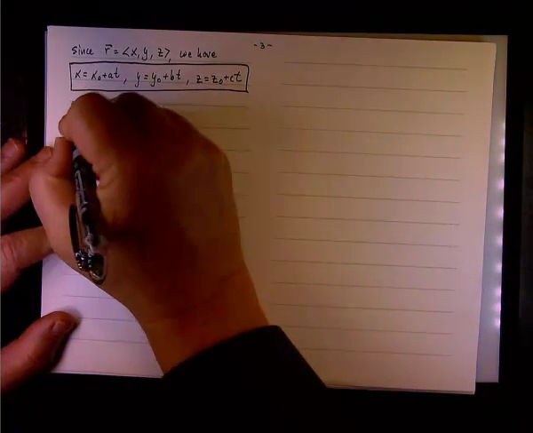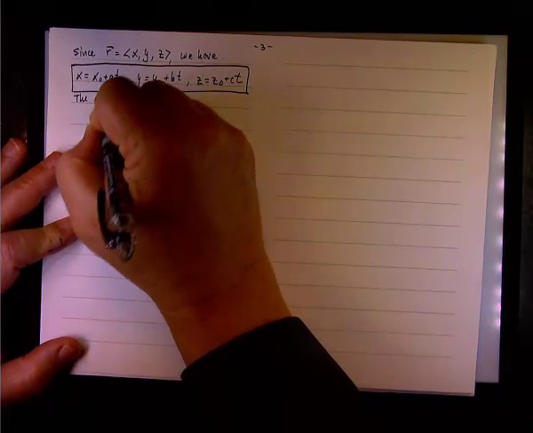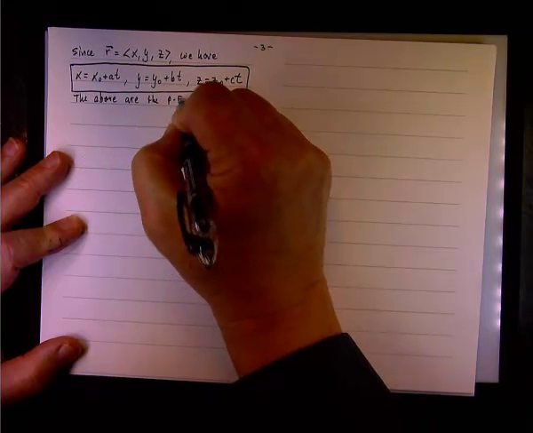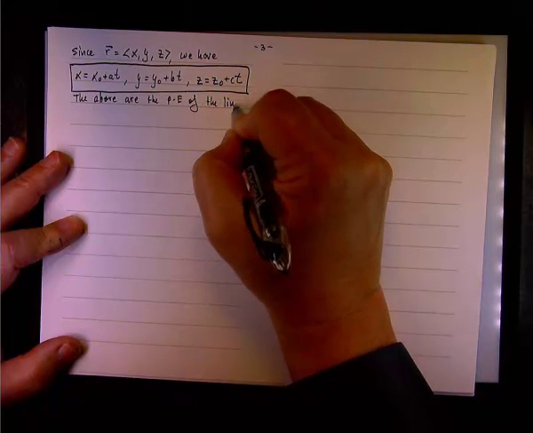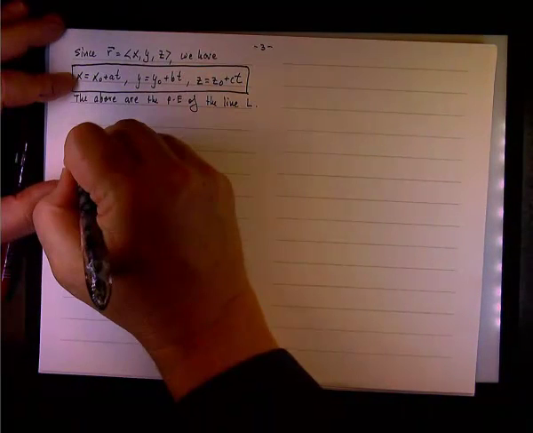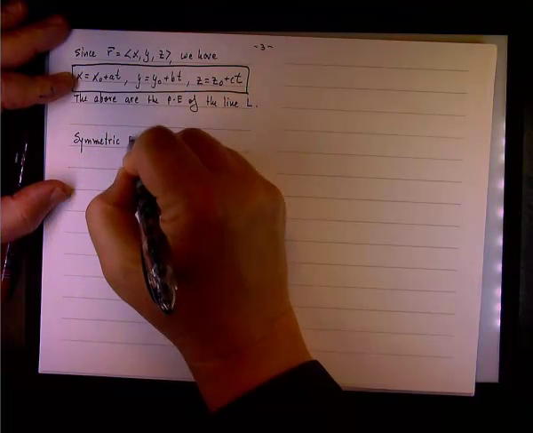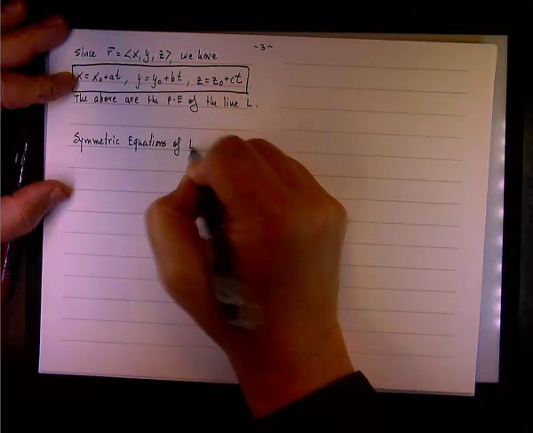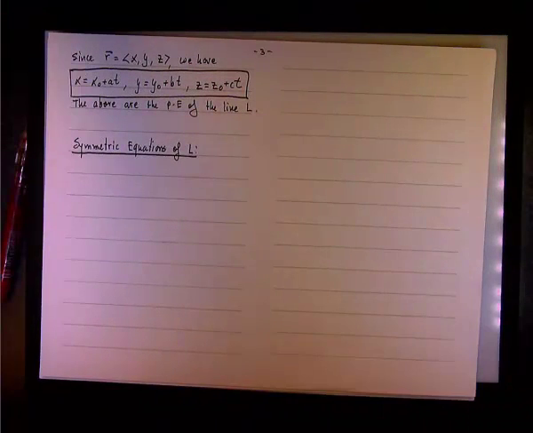If we solve for t, for the parameter t, we'll get what we call the symmetric equations. All right. So the above are the parametric equations of the line L. Now, the next topic will be symmetric equations.